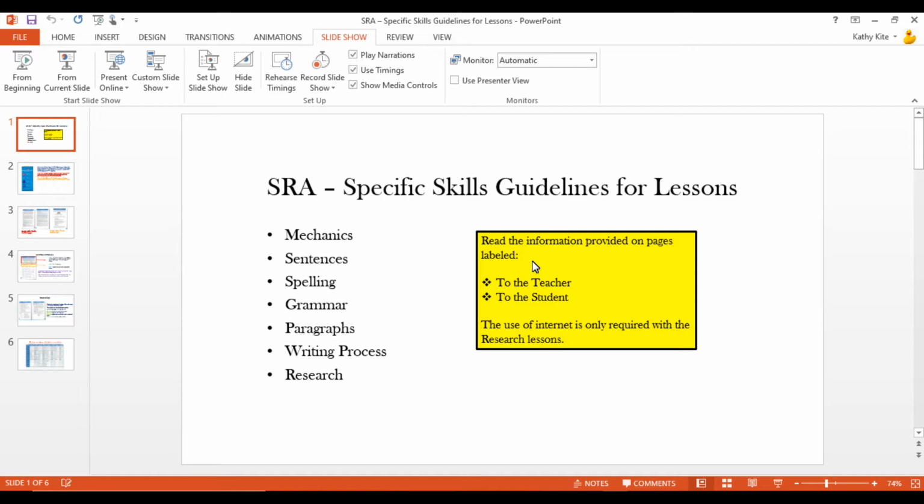We have certain books, specifically just the research one, that's going to require internet access. So to do some of the lessons or units within that book, you're going to need that access, and to use your own judgment the best that you see fit.